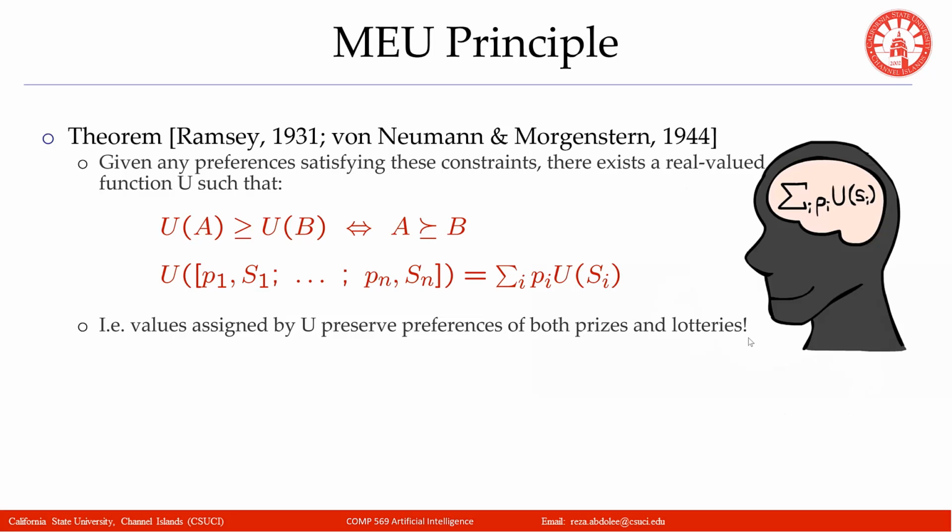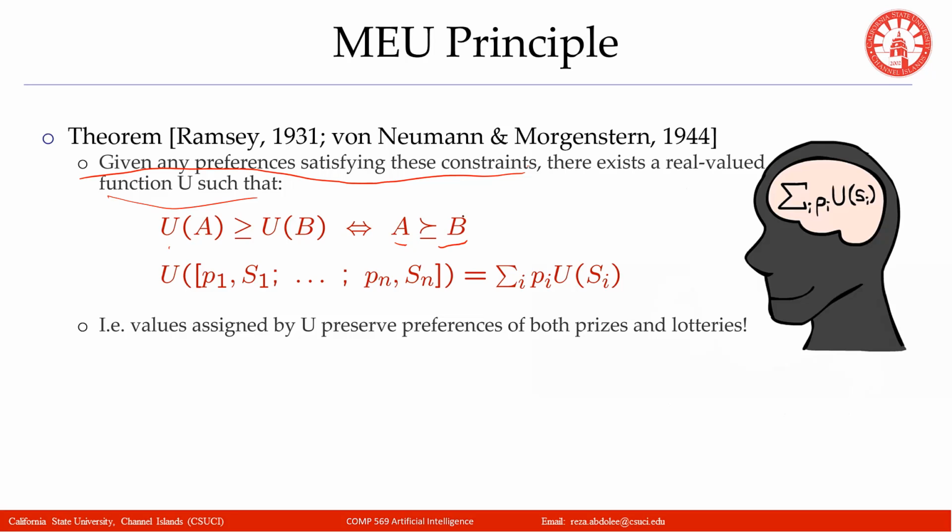All right. So there's a theorem. It says that given a preference satisfying these constraints that we talked about just now, there exists a real-valued function U such that the utility of prize A is greater than the utility of prize B if the agent prefers A over B.